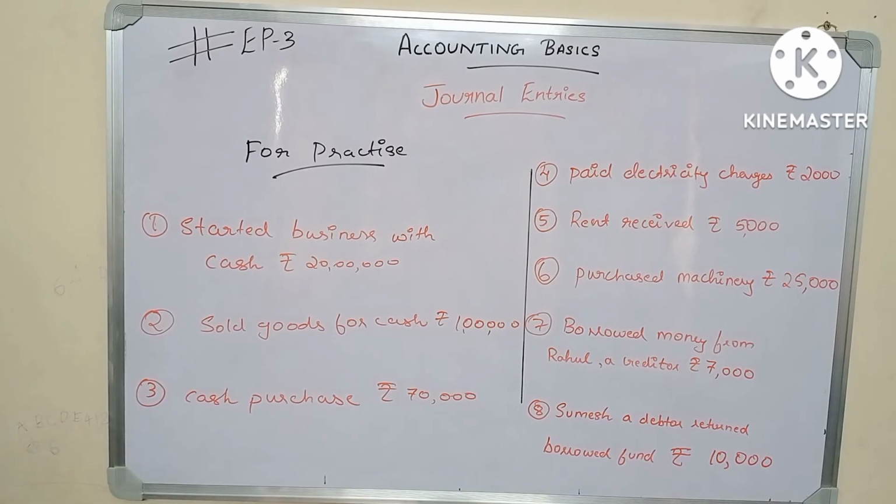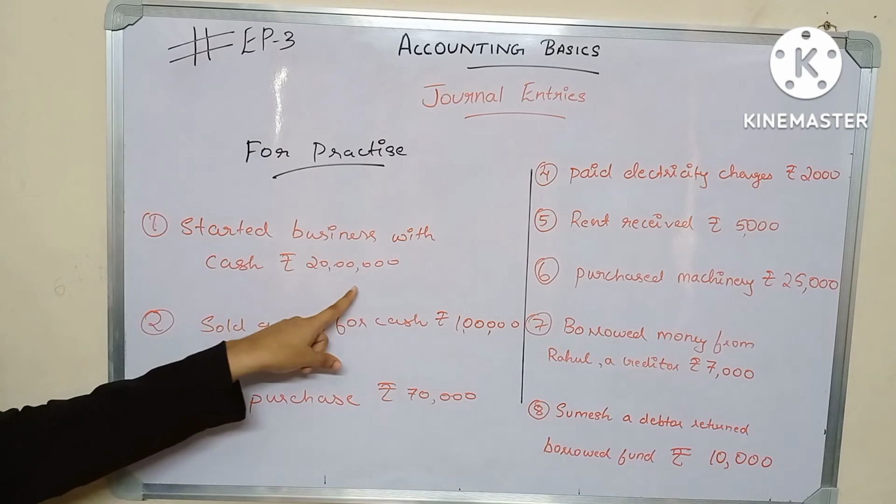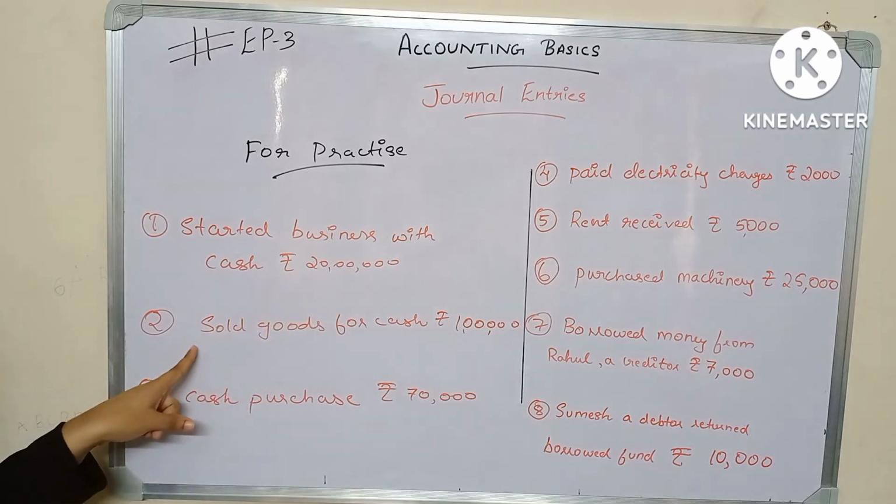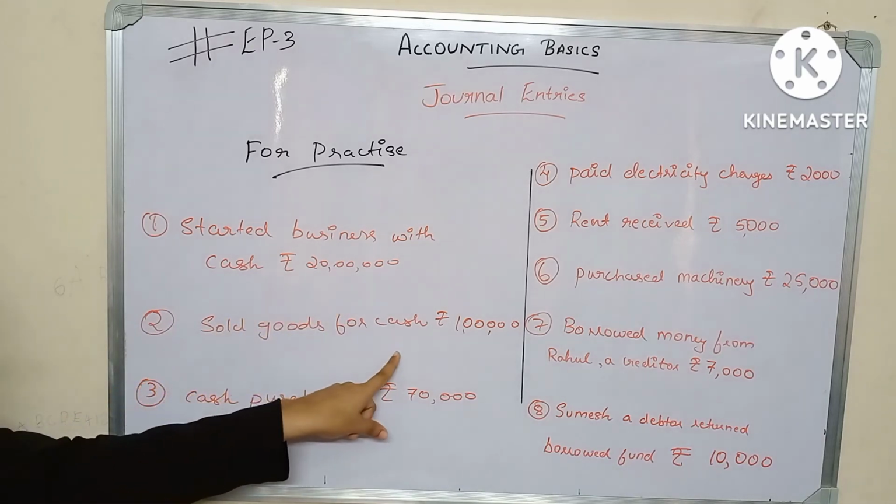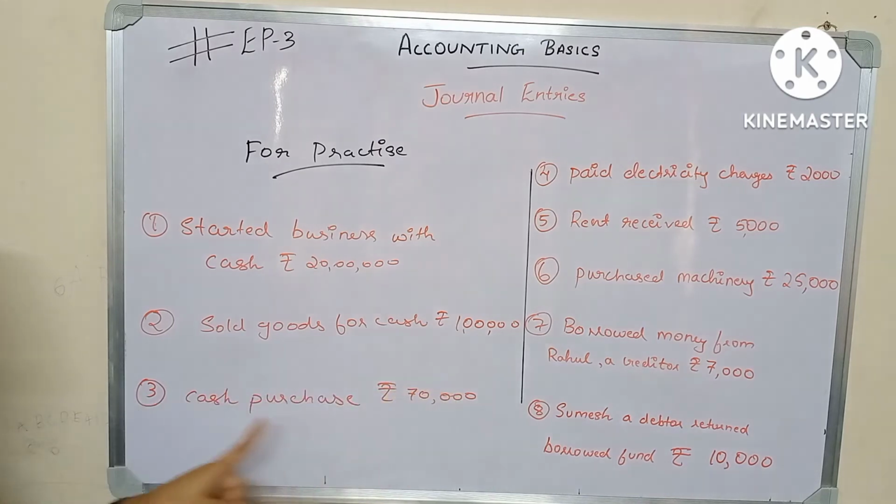You can see on the board that I have given you some practice questions. You can note down these problems and practice for yourself. And if you have any doubt, please comment below. I'll just read out the questions for you. Started business with cash, rupees 20 lakh. Number 2, sold goods for cash worth rupees 1 lakh.